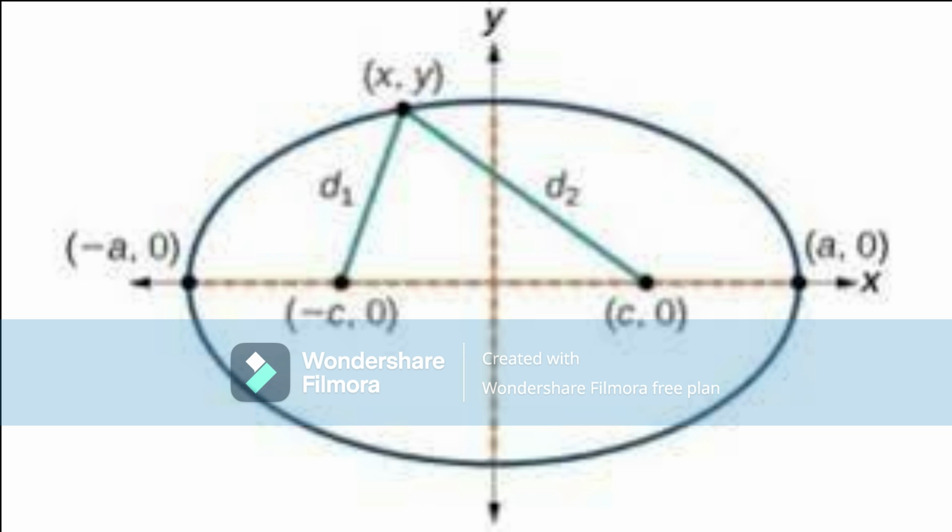Once again, to recap, first you find the value of the square root of a square minus b square, that is the length of the semi-major axis squared minus the length of the semi-minor axis squared. You find the square root of that, and then the x coordinates of the foci become plus and minus that value, and the y coordinate becomes 0.